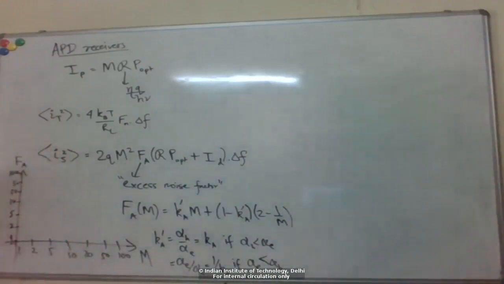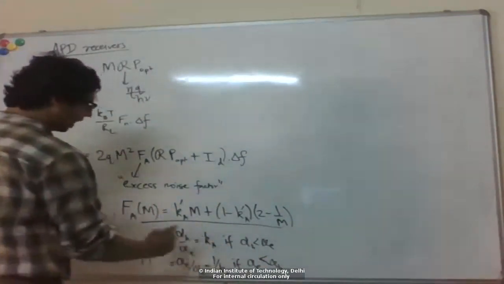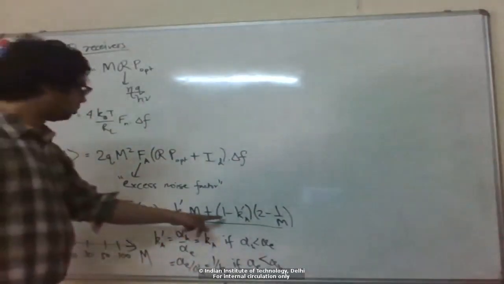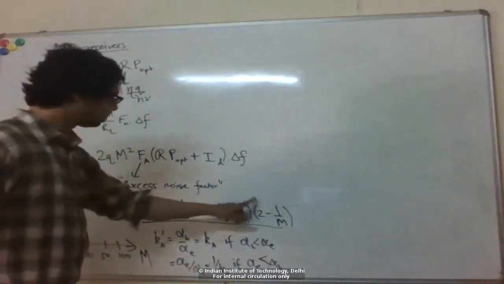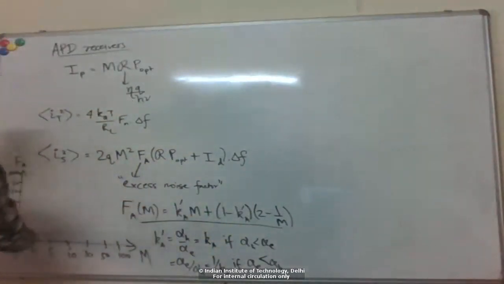That's why I didn't say that. Now we're plotting this curve for different values of K_A. K_A equal to 1 would mean this term goes away, and so we just get M, a straight line.